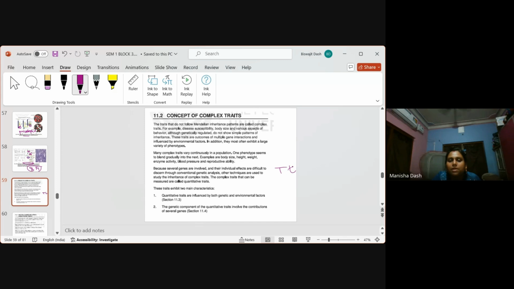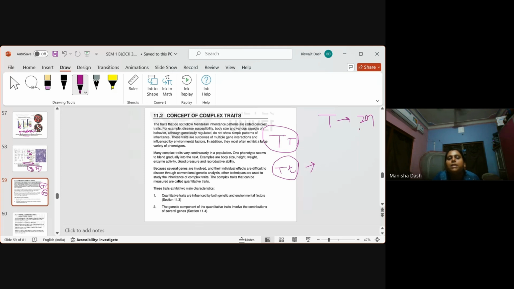For example, if the genotype of an individual is like this or like this. Let's say this T stands for tallness in the plant, as we all know. Let's say that T actually makes the plant a height of around 2 meters.